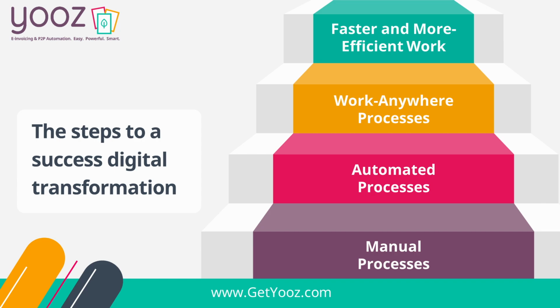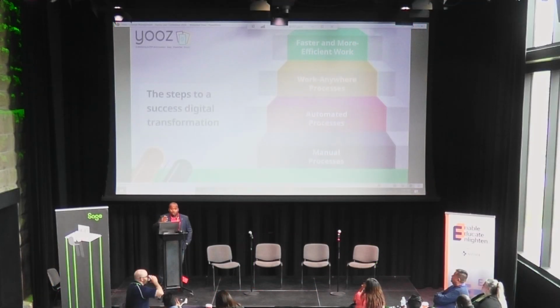So steps. I want to start at the bottom here. A lot of people here, and I won't have you raise your hand again, are probably on a manual process, right? So manual papers are coming in, either going to someone's desk, or maybe you've done emails, and you've sent that invoice through to someone else. We all get emails, and emails kind of get forgotten a little bit.